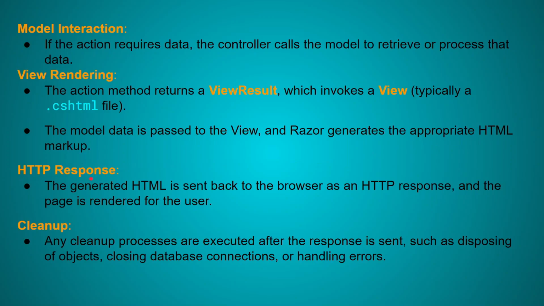And the HTTP response. The generated HTML is sent back to the browser as an HTTP response and the page is rendered for the user. And the last one is cleanup. Any cleanup processes are executed after the response is sent, such as disposing of objects, closing database connections, or handling errors.